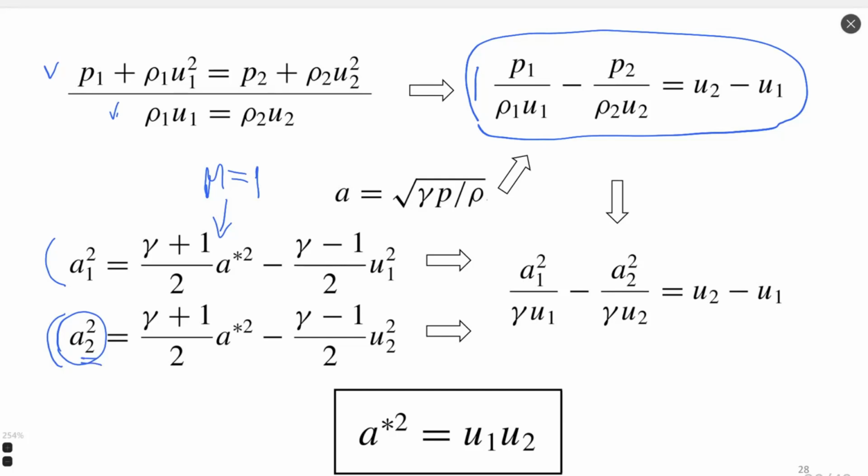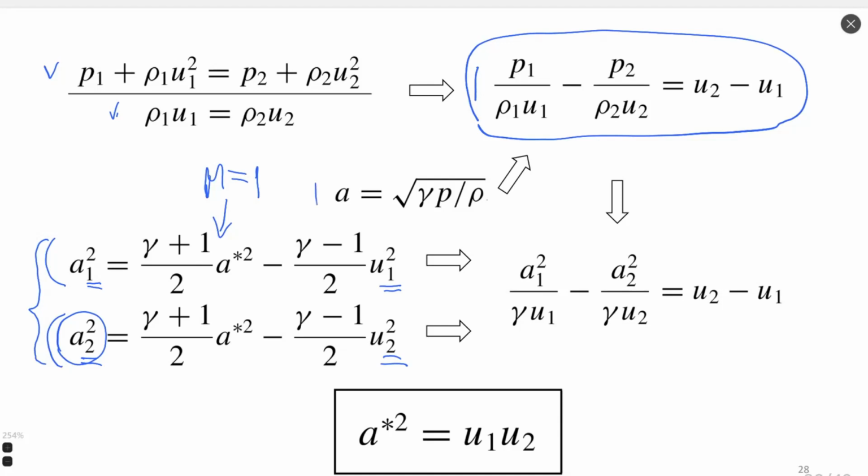Subscript 2 shows point 2, and subscript 1 shows section 1, before the shock wave. Also here, the velocity before the shock wave and the velocity after the shock wave. These two equations we already saw in the chapter on forms of the energy equation, so they are not new equations. And we also use the definition of speed of sound elaborated in our previous lecture.